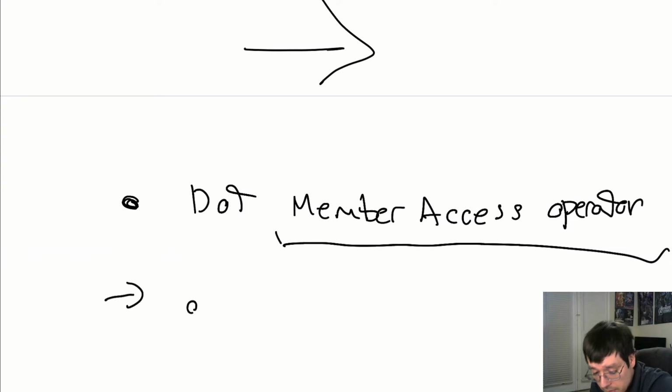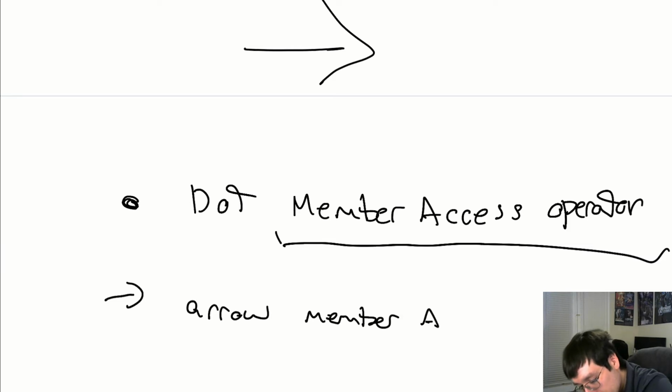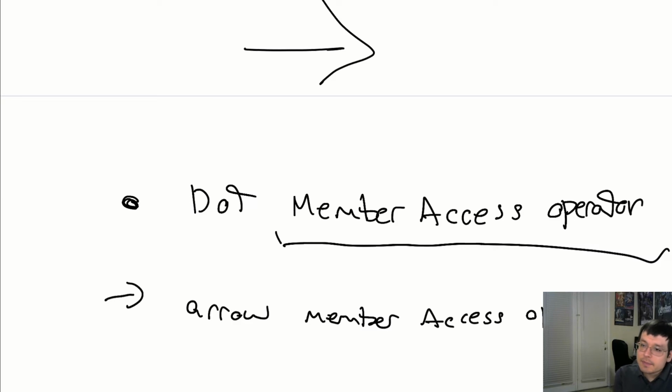The arrow is just known as the arrow member access operator. So, as the name implies, it's a member access operator, used to access members of an object, a class. The difference between the dot and the arrow, though, is that the arrow is specifically used when dealing with pointers as objects. So class pointers, essentially.